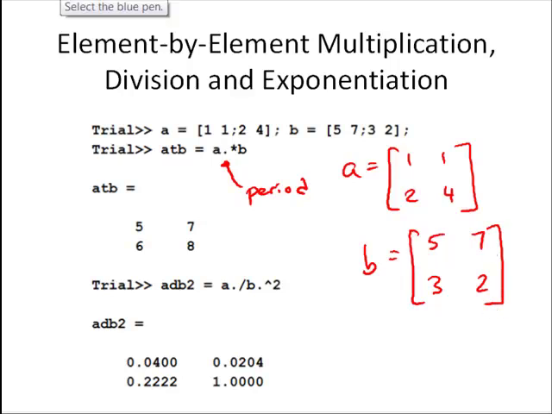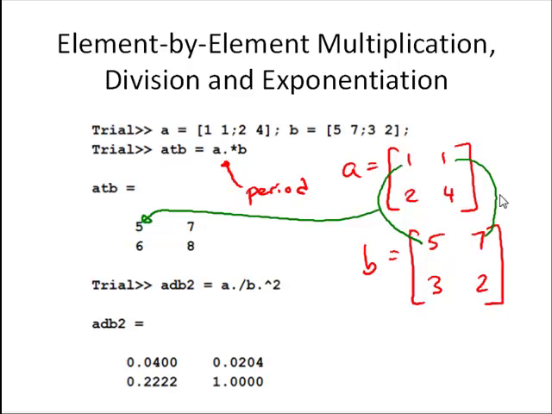And we want to multiply each element of A by the corresponding element of B, and that will go in the corresponding space in the answer. So we have 1 times 5 goes there, and 1 times 7 goes there, etc.